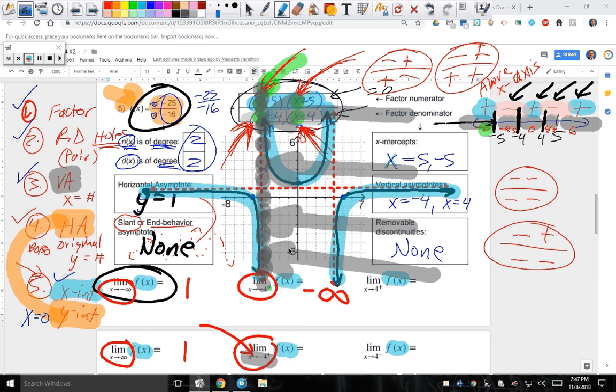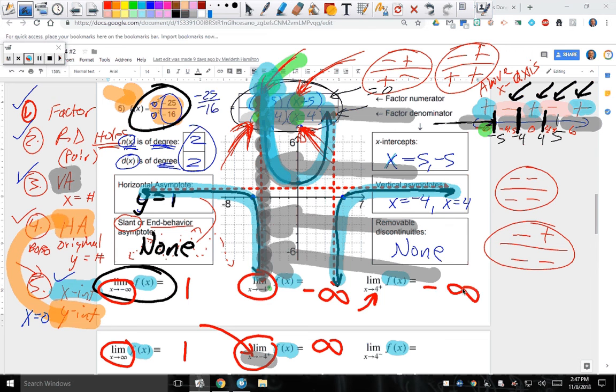If you're right before you hit -4, where's the graph going? Positive infinity, because on the graph, it was going up to positive infinity. Okay? Alright, now let's approach +4. Don't get them confused. +4 from the what? From the right. What would that equal?